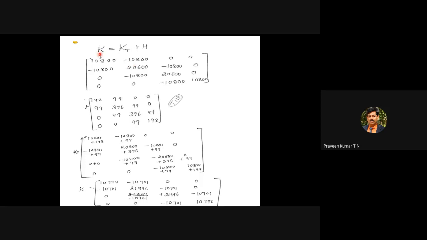So you are writing K is equal to KT plus H. You know, no DOF is involved. We have the first term as 10800 plus 198. If you come to the fourth column, 0, no other term, like that. If you come to the last element, 10800, the last element in the H matrix is 198. It is just simple matrix addition.